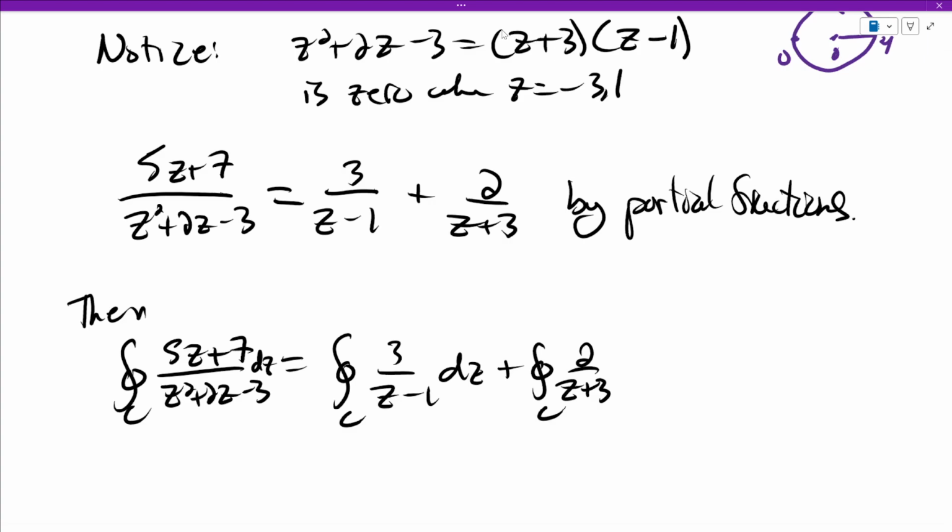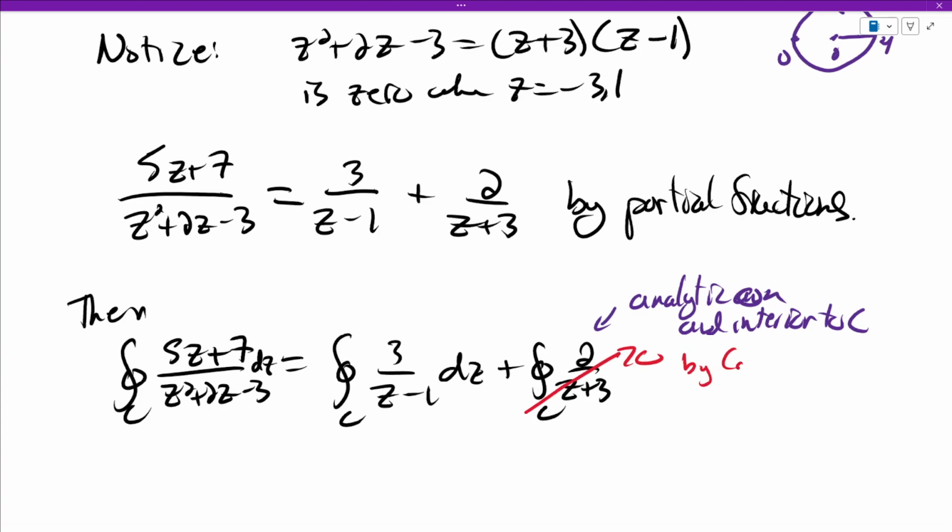But this guy here has no problems in that circle, right? This is analytic on and interior to c at all points, so when we compute this integral, it's 0 by Cauchy-Goursat.